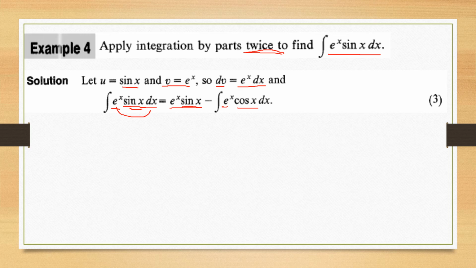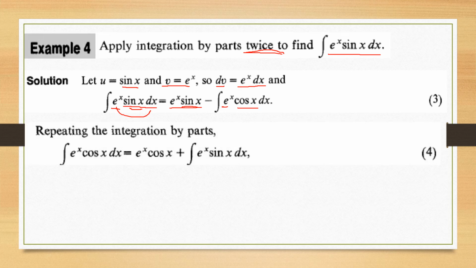Simplifying, we obtain this, but we want to find the solution of e power x sin x. Here this part again involves e power x and cos x, a trigonometric function and an exponential function. We apply the integration by parts rule and we obtain this thing.